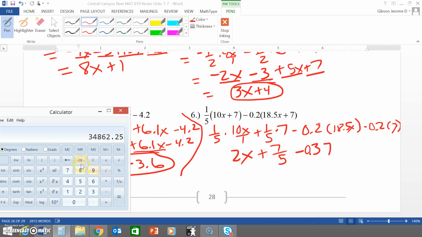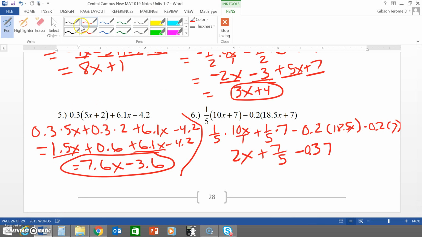Let's check it on the calculator. 18.5 times 0.2 should be 3.7. Erase that. I felt a little bit off there. Minus 3.7x. And 0.2 times 7 will give us a minus 1.4.